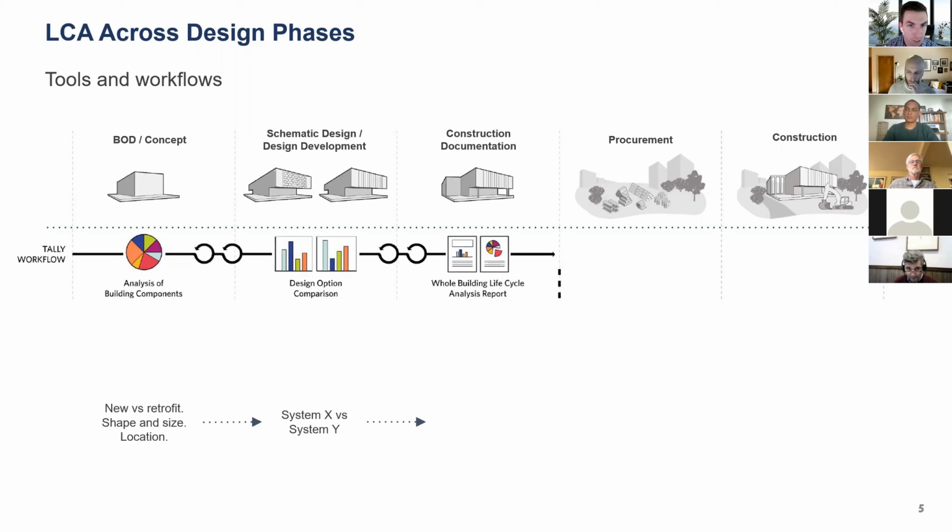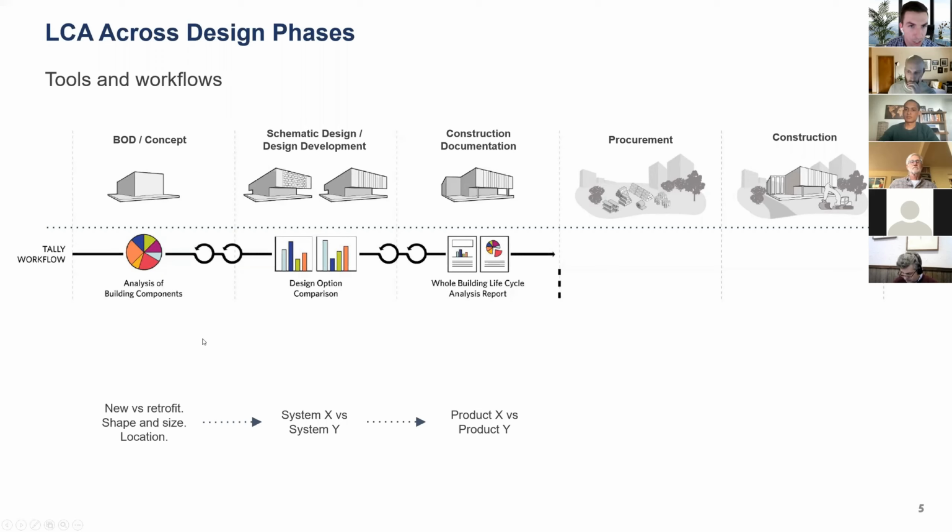And then finally, in the construction documentation phase, that's where you have your systems in place, and so now you can start looking into different products that are offered by different manufacturers and how they fit into my design now in the construction documentation phase.